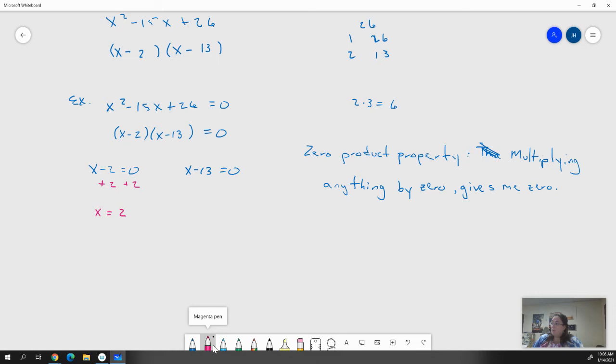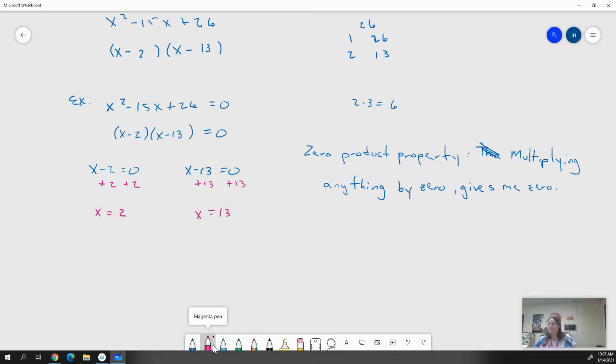Also, if I figure out what x is here, I'm going to get x equals 13. Well, if I plug in 13 here for x, 13 minus 13 equals 0. And so when I multiply it times x minus 2, no matter what x minus 2 is, I still get 0.